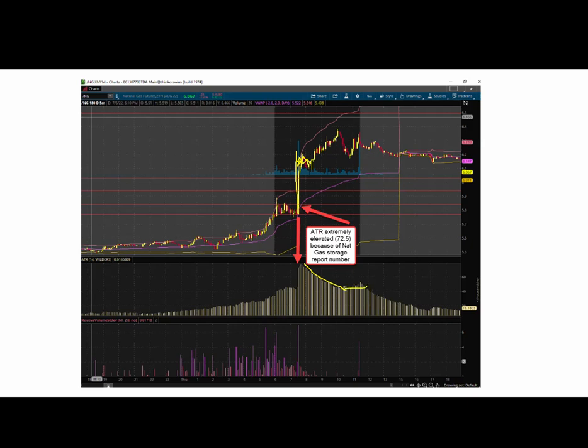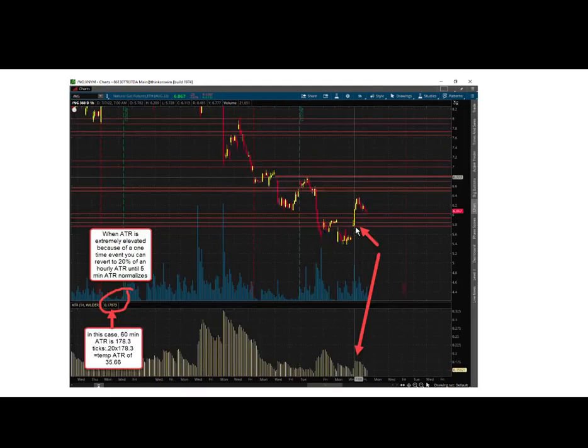So the best way to do this, and this is maybe 2% of the time that I will use a percentage of the hourly ATR, is to use 20% of an hourly ATR. So this is that same spike. You can see the hourly ATR at that time was 178.3. I would take 20% of the 178.3, which gives me a 35.66 ATR.